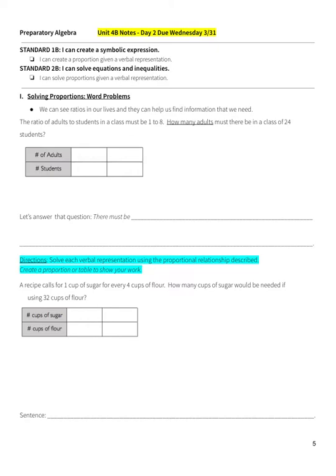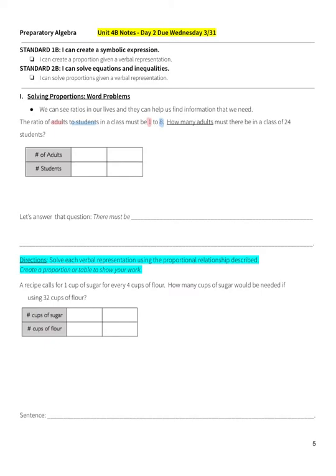So I'm going to just highlight my keywords. So I have adults to students. In a class, there must be 1 to 8. Now, adults was written first, so that means the first number we see is the adults. So 1 represents the adults, 1 to 8, adults to students, so 8 represents the students.